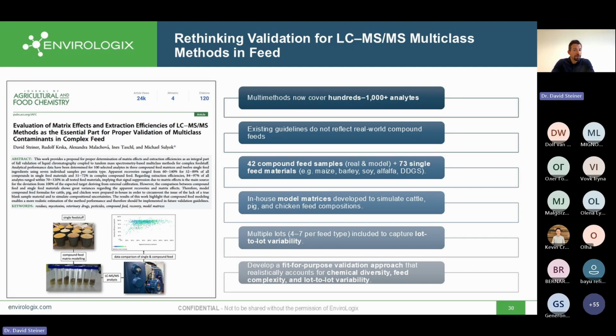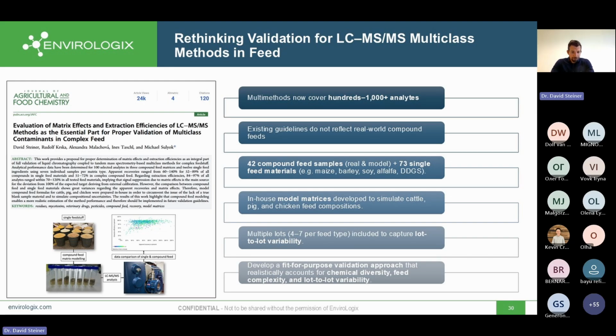And a major part of my own PhD thesis was dedicated to this problem. So how can we actually validate multi-toxin methods in such a heterogeneous field, which standard guidelines do not reflect at the moment? To address this, we have systematically studied both single feed ingredients such as maize, soy, barley, or silages, and so on, as well as a very wide range of complex compound feed.